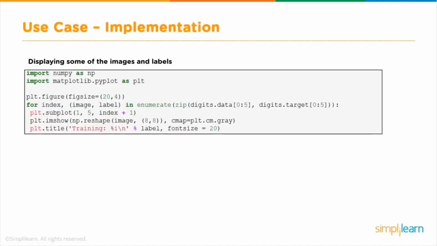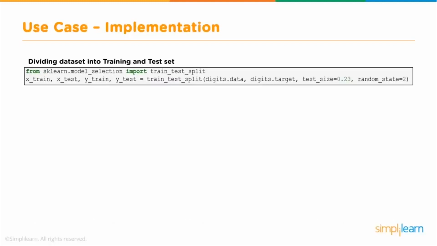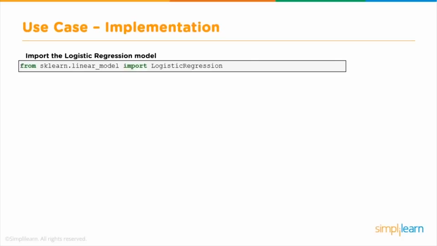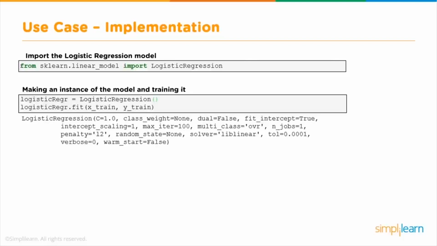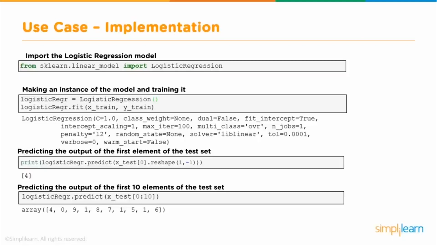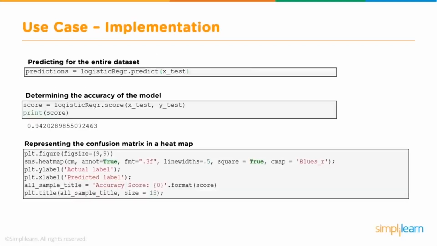We can display some of the images, or a sample of them, using matplotlib, and then we split the data into training and test, as I mentioned earlier, and we can do some exploratory analysis. Then we build our model, train it with the training set, and test it with our test set, and find out how accurate our model is using the confusion matrix and a heat map for visualizing this.